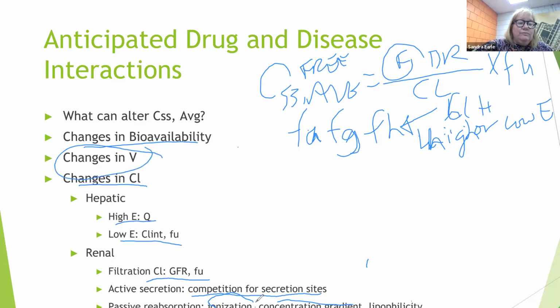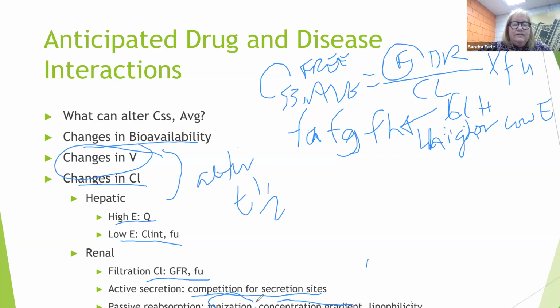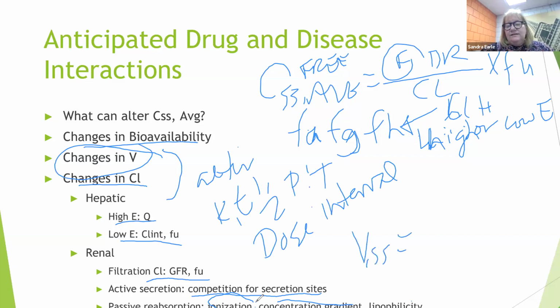Changes in volume and clearance are going to alter half-life, and therefore peak to trough, half-life, K, and what we're going to choose for our dose interval. And what's going to change volume, VSS, is really all about binding: fraction bound in plasma and fraction bound in tissue.